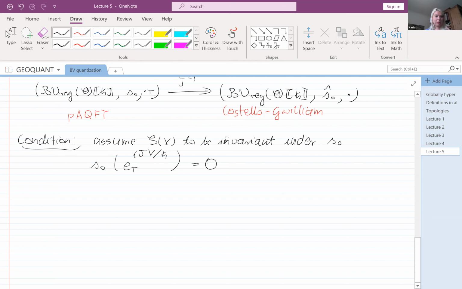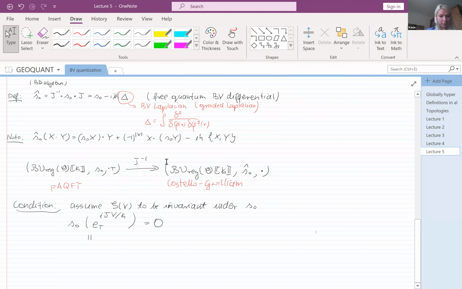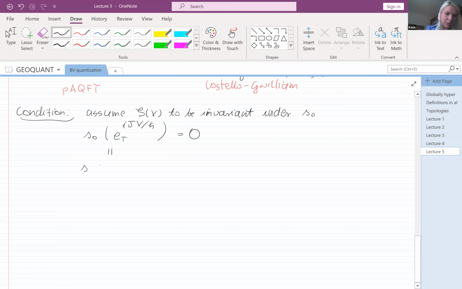And again, we can do a bit more explicit computation. It's also useful to rewrite that in terms of this quantum BV operator. Note that this is the same as S0 composed with T applied to the honest exponential of iV over H bar.